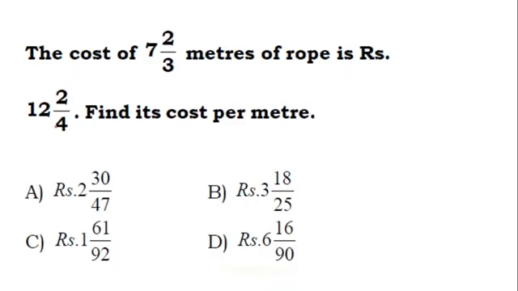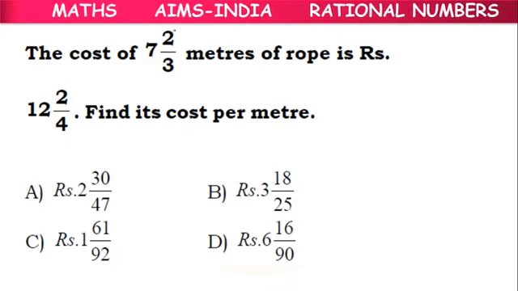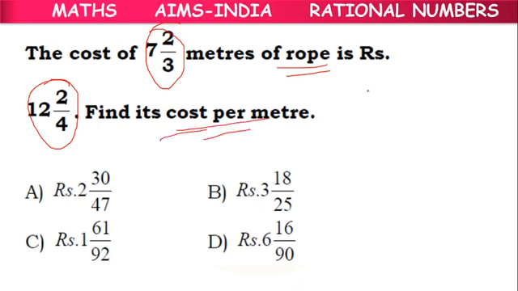Okay, children. Next, the cost of 7 2/3 meters of rope is 12 2/4 rupees. This type of question we have already done in the case of cloth, trouser. Then what is the cost per meter?